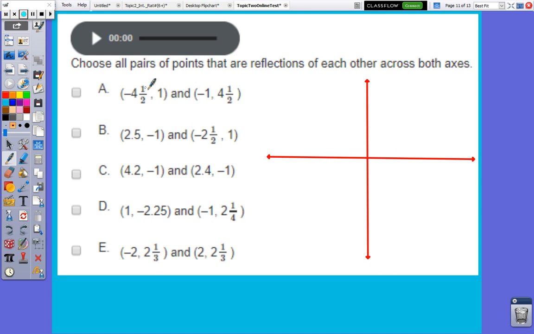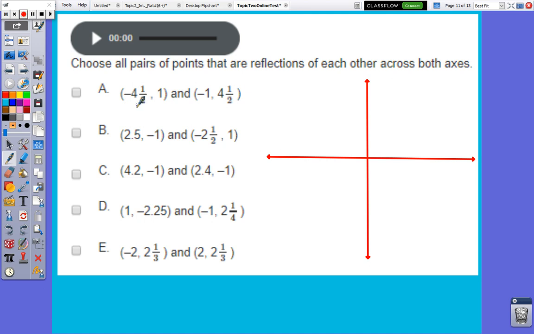It says choose all pairs of points that are reflections of each other across both axes. All right. Now, first thing I notice, I want to see -4.5 and then their reflection. That means they will be only negatives of each other, opposites of each other. So this is -4.5, 1. This is -1, 4.5.